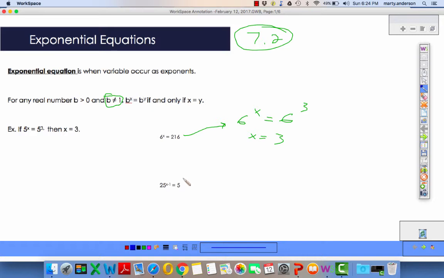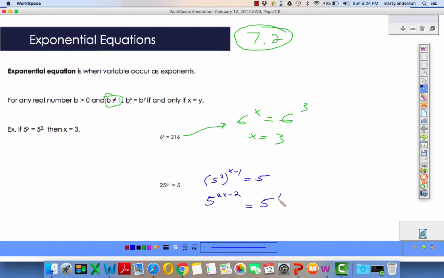25 to the x minus 1 equals 5. The first thing I would do is change 25 to 5 squared. 5 squared to the x minus 1 equals 5. Now if you're raising a power to a power, we multiply. So it's 5 to the, now you've got to distribute, 2x minus 2 equals 5.